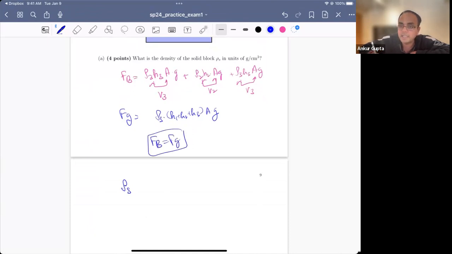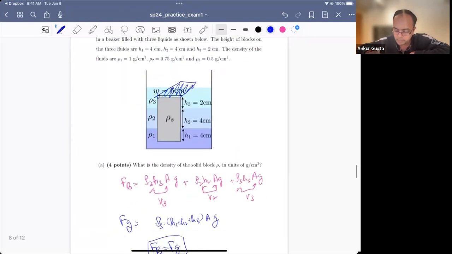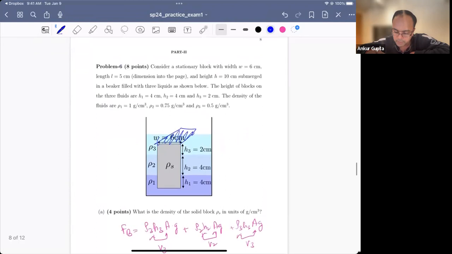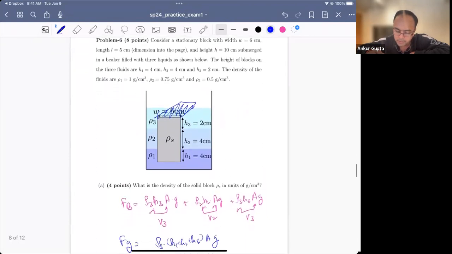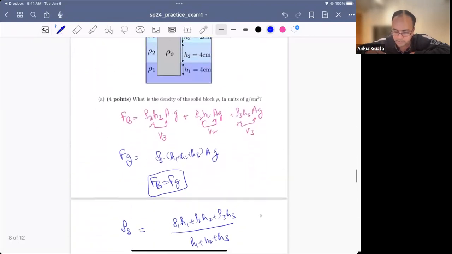So this simply implies that if I equate FB equal to FG, this is going to be in plus k hat, this is going to be minus k hat. So you get rho s equals rho 1 h1 plus rho 2 h2 plus rho 3 h3 divided by h1 plus h2 plus h3. Okay, that's relatively easy. The units should come out to be just gram per centimeter cubed.